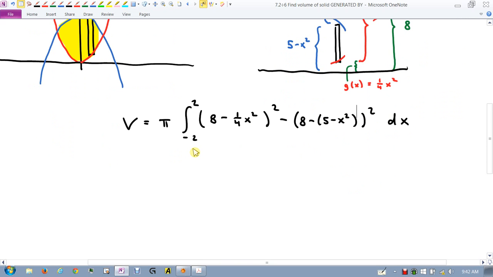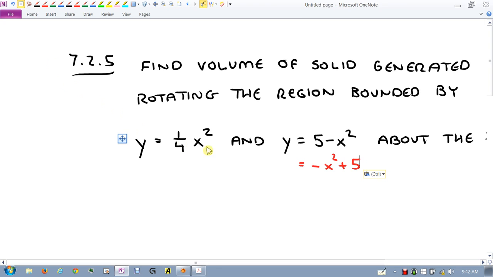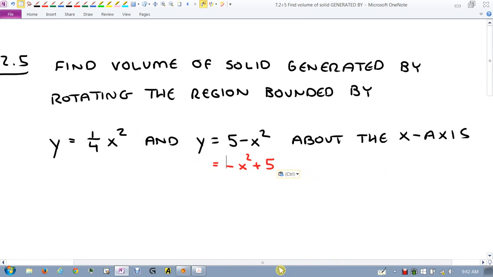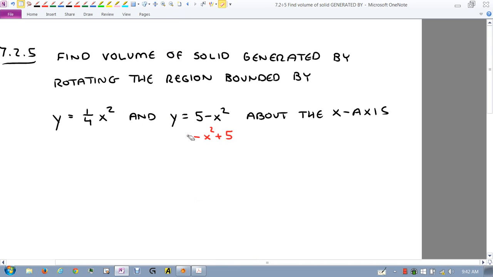Same problem, different axis of rotation. So I'm going to give you the same one. This time, I want it to go around y equals -3.